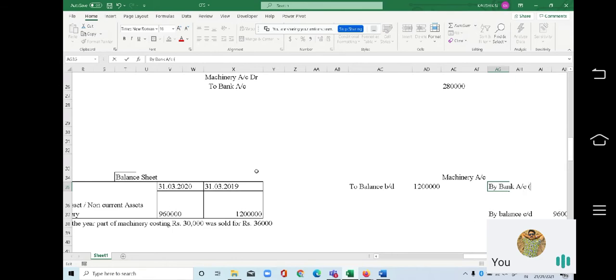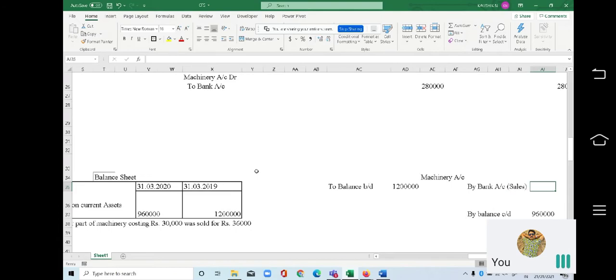Within a bracket, you make it as sales for your convenience in understanding. What is the sale amount?